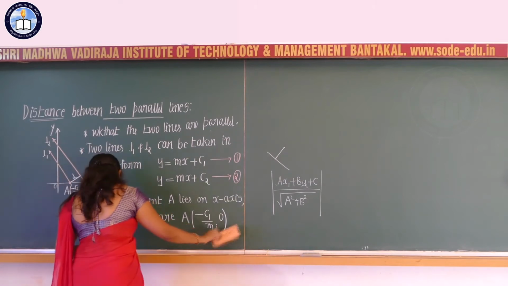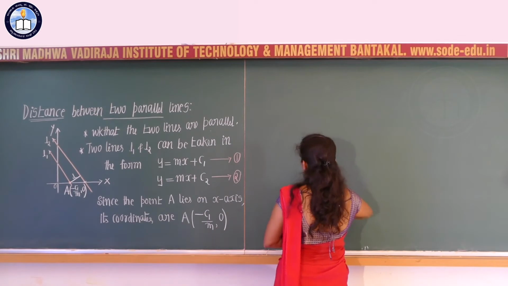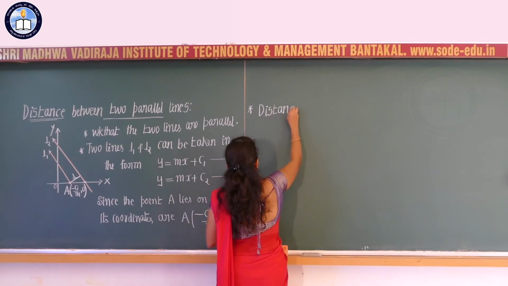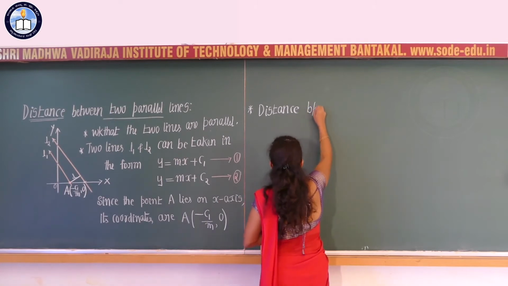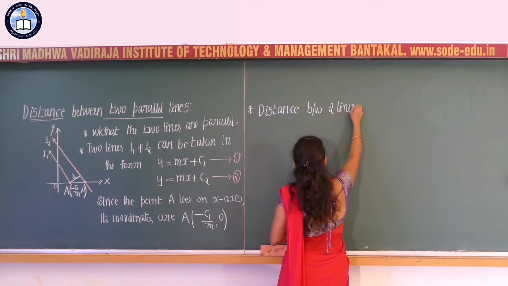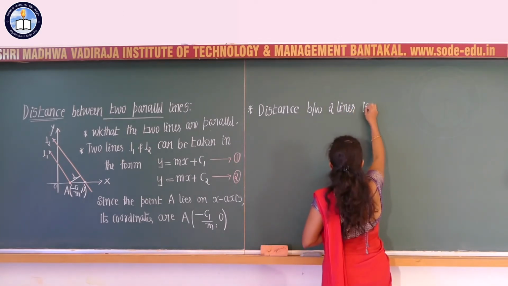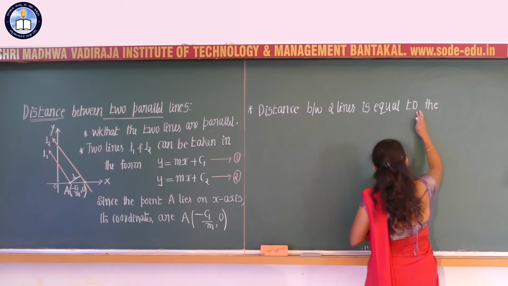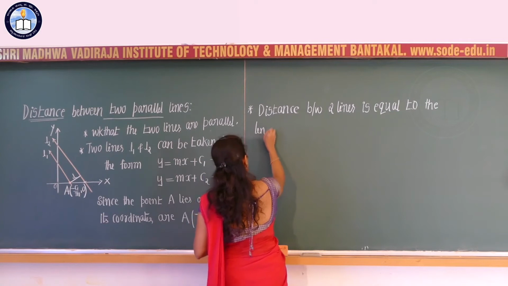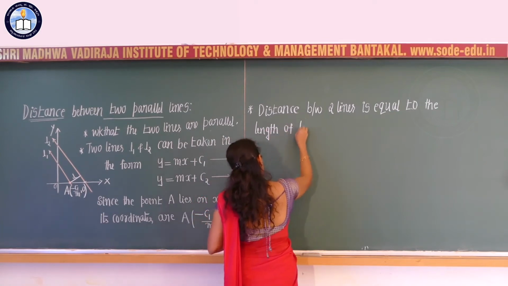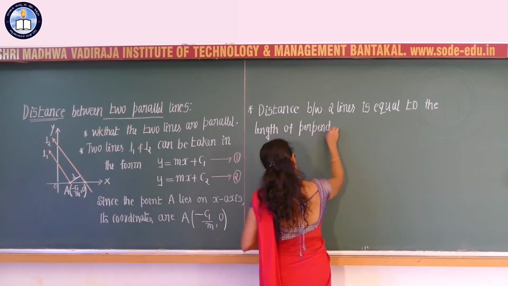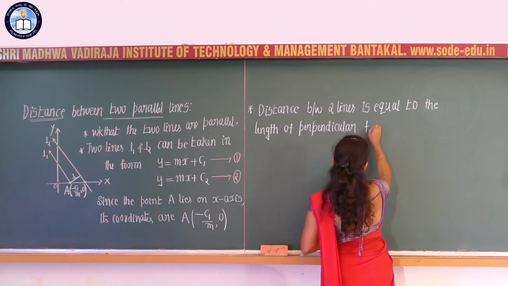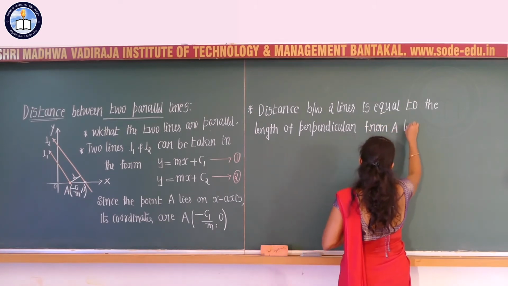So here I can say that the distance between the two lines is equal to the length of the perpendicular from the point A to the line L2.